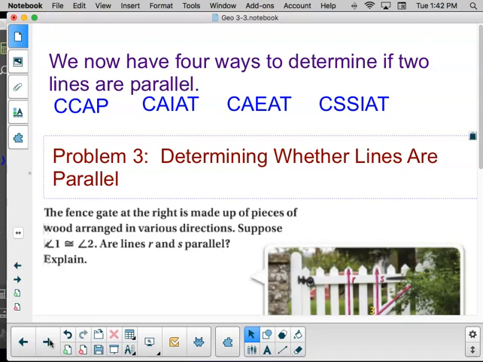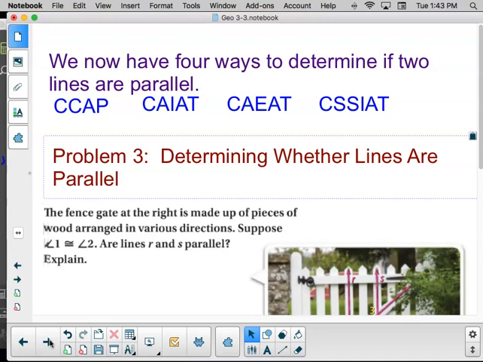CAEAT is the converse of alternate exterior angles theorem. The reason I put those first is all 3 of those angles are congruent to each other for us to use it. Okay? And I use this last one, converse of same side interior angles theorem, CSSIAT, because they have to be supplementary when I use that one.